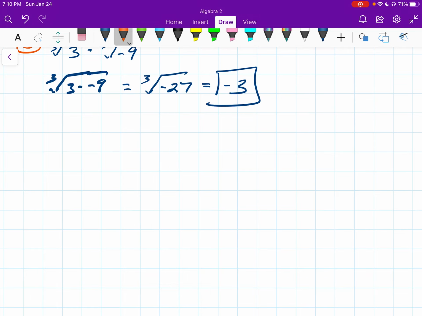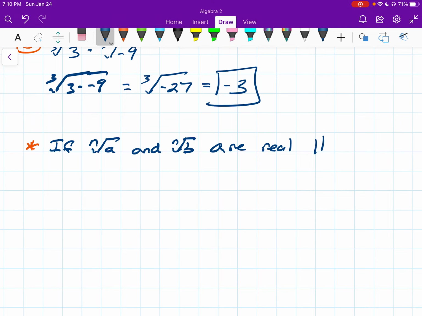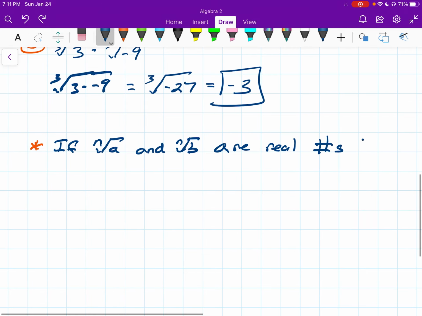All right, next little theorem. If the nth root of a and the nth root of b are real numbers again, and we have to also say one more thing, b is not equal to 0 here, okay?